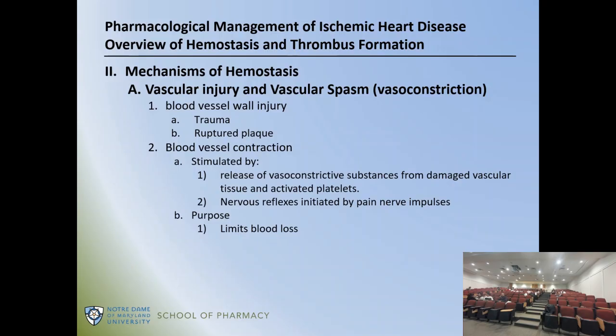It's due to a kind of pain reflex. Or when the blood vessel tissue is damaged, it will release vasoconstrictive substances from damaged cells into the blood right around where the damage has occurred, causing your blood vessels to constrict. So a couple of different things cause constriction of your blood vessel, and again, the purpose of this is to limit blood loss.